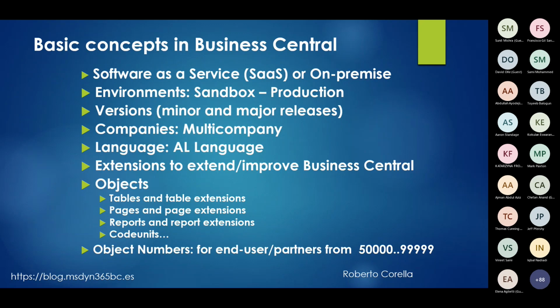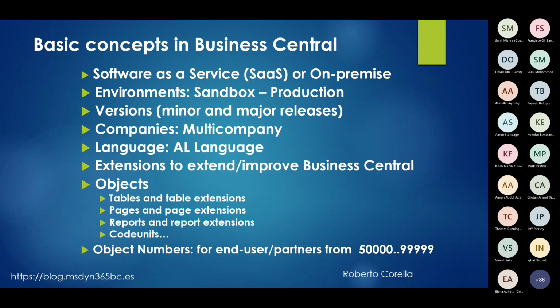With these objects, we create extensions to extend or improve Business Central, right? We create one extension with objects like tables, pages, reports, or codeunits. We have more, but so far at this level, we can stop here and understand these objects.